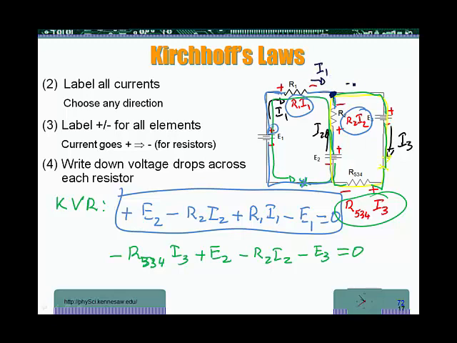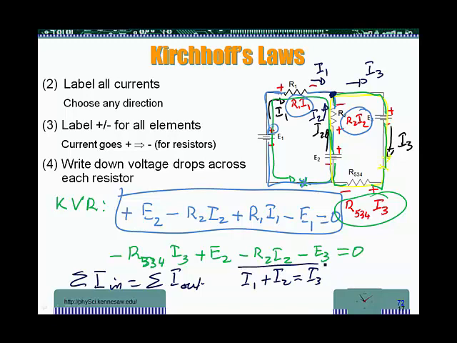We have I3 coming out this way, and I2 coming up. So the sum of incoming is sum of outgoing. In this case, incoming is I1 and I2. Outgoing is only I3. So that's my equation in this case.